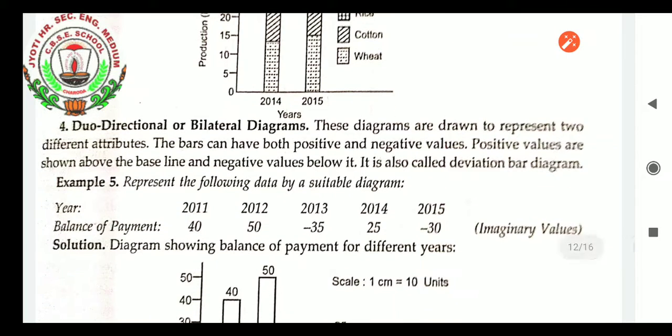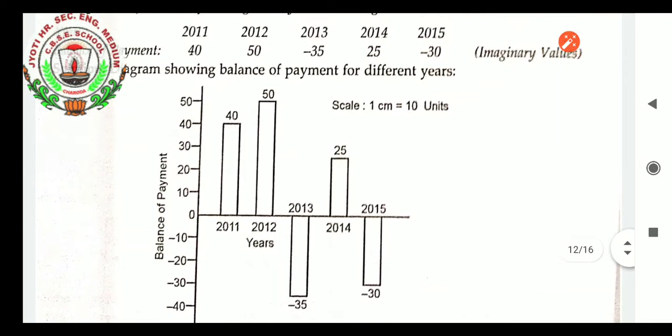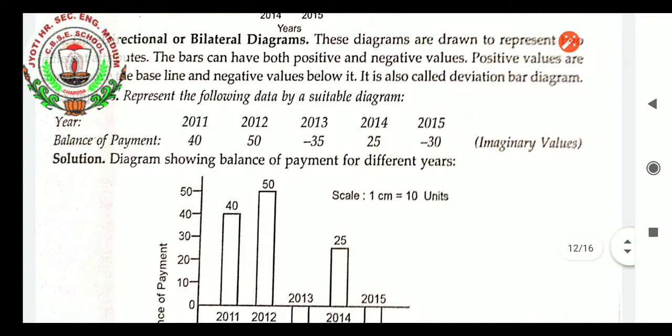Duodirectional, the name is duodirectional or bilateral diagram. On the X-axis, down also the data is there. So that type of data, these diagrams are drawn to represent two different attributes together. The bar can have positive as well as negative values. Positive values are shown upwards above the baseline and negative values below the baseline. It is also called deviation bar diagram.